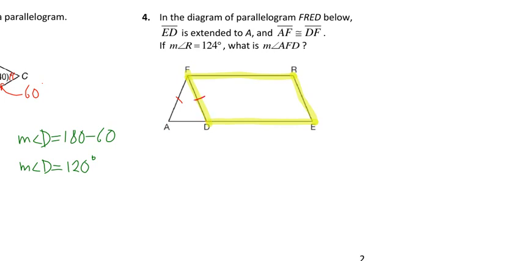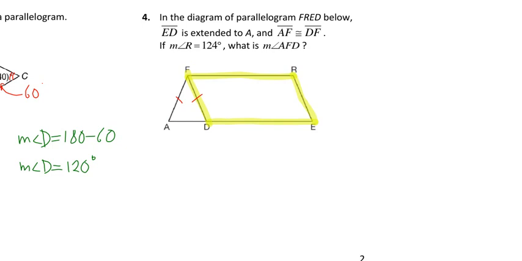So we have these two segments equal, which is giving us that we have here an isosceles triangle. We have to be able to see all those things immediately as soon as we see this information.